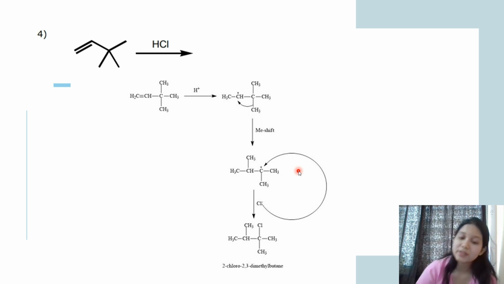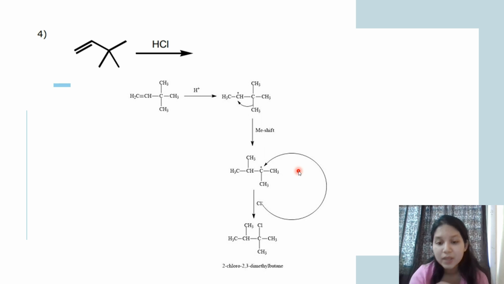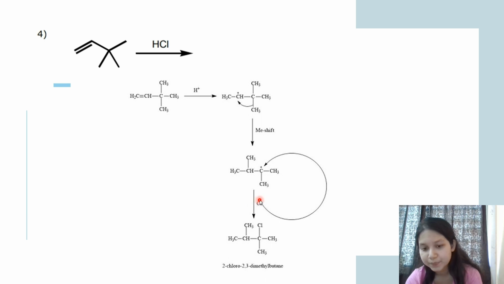So after you are done identifying what will be the actual carbocation being formed in the system, you can now attack the positively charged carbon atom by this chloride anion, which was present in the system.